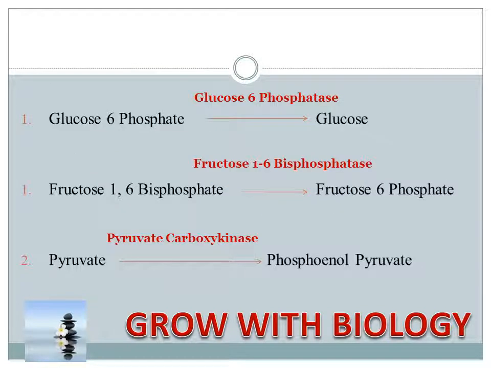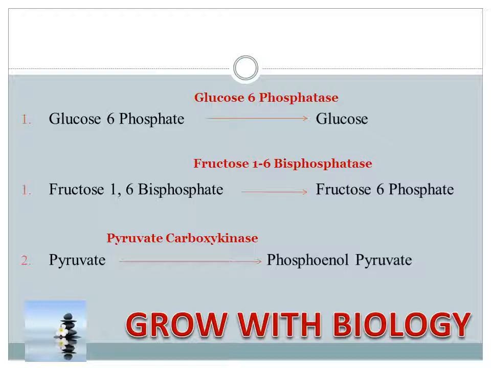Now the enzymes which are required for this reverse reaction are: first, glucose 6-phosphate which gets converted to glucose. For this reaction, the enzyme required is glucose 6-phosphatase. Fructose 1,6-bisphosphate which gets converted to fructose 6-phosphate requires the enzyme fructose 1,6-bisphosphatase.